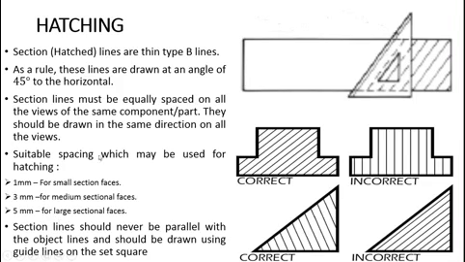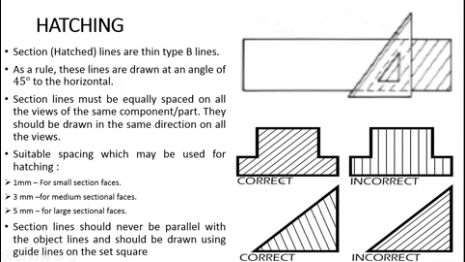Alright, section lines should never be parallel with the object lines and should be drawn using a guideline on the set square. Okay, let's look at the drawings on this side here. We can see that the section lines should never be parallel to the object line. Here we have an object line, which is this dark one.